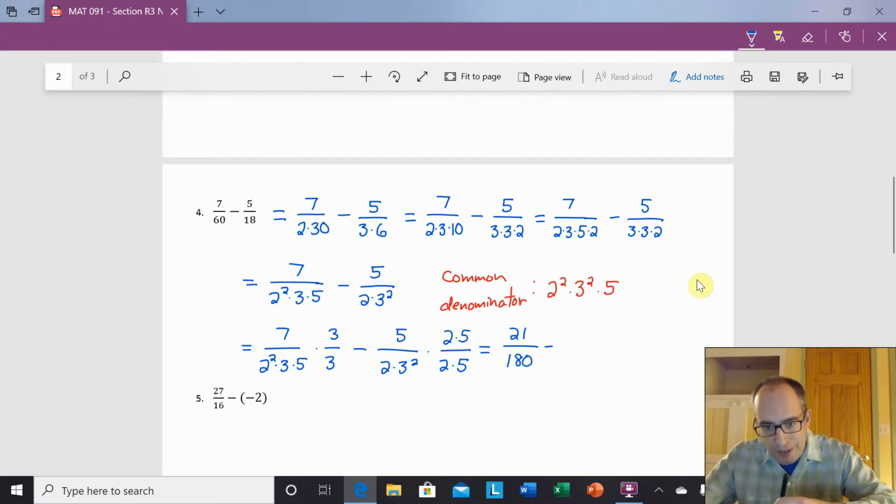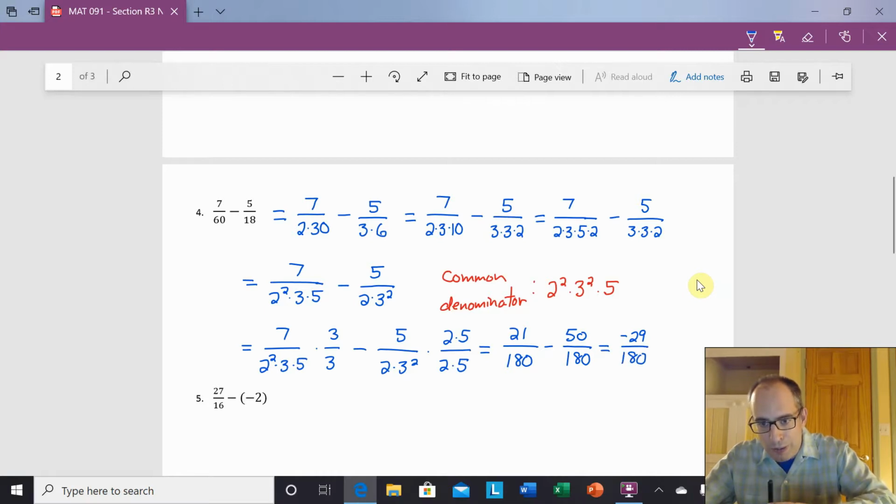Since 2 times 5 is 10, that's going to be 50. And that's over 180. And then when you have the same denominator, then you can actually do the subtraction, and you'd get negative 29, right? 21 minus 50 is negative 29, so negative 29 over 180.